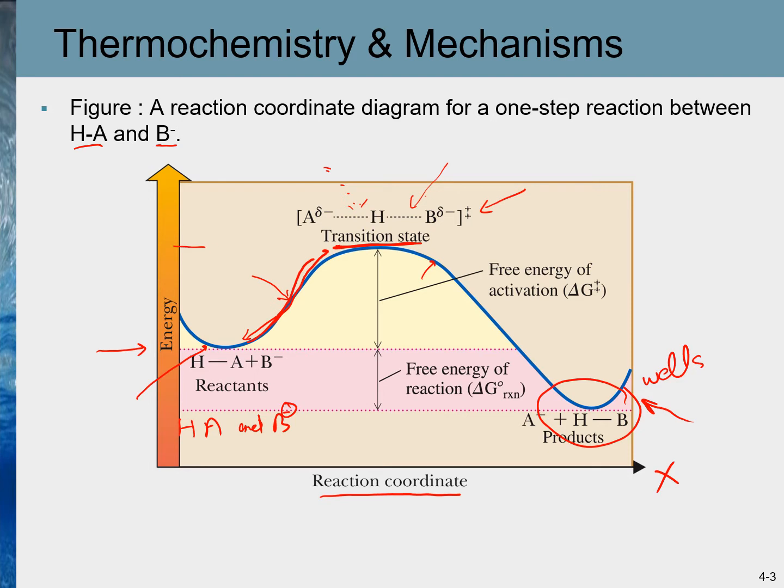Transition state is at the highest energy level of this entire reaction coordinate diagram. Transition states usually last less than 1 picosecond. A pico is 10 to the negative 12. So it is an extremely small amount of time. And the transition states are not stable species by any means.